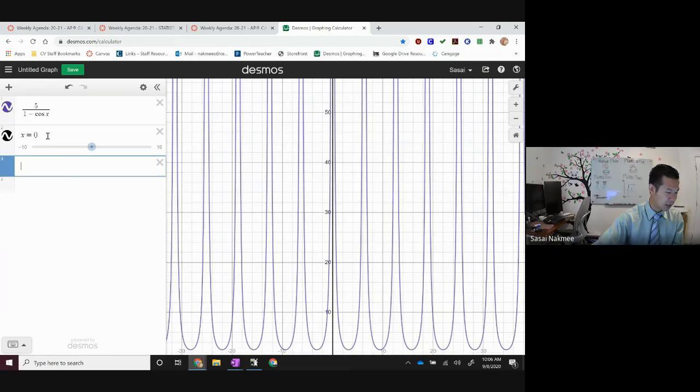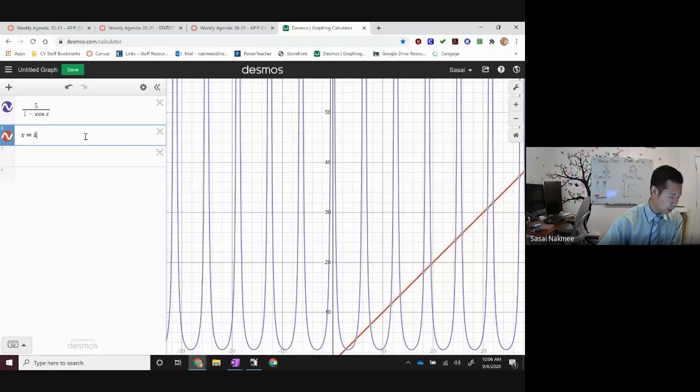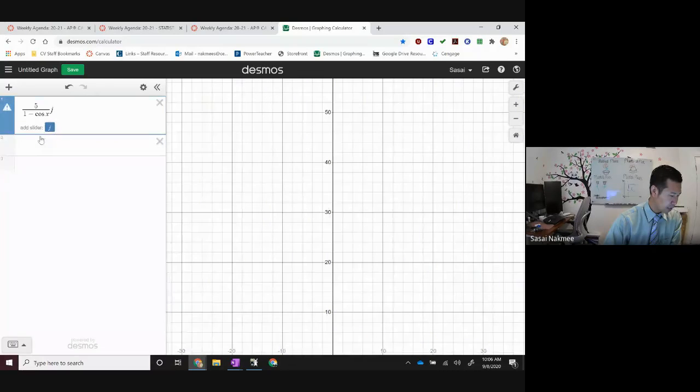So technically what I could do is write it how I had it in there, which is x equals 2k pi, right? Where k, do you not have a slider for k? Really? Interesting. There's a way that you do this. You're not going to let me add a slider? Add a slider for j.